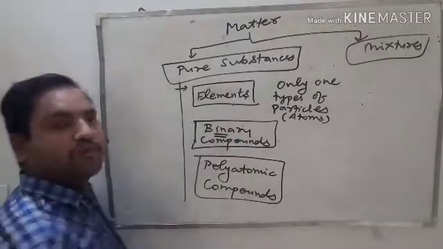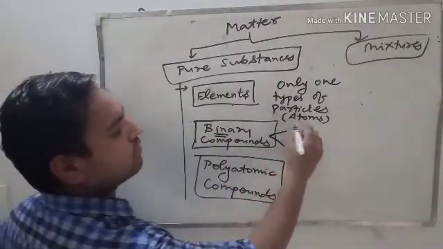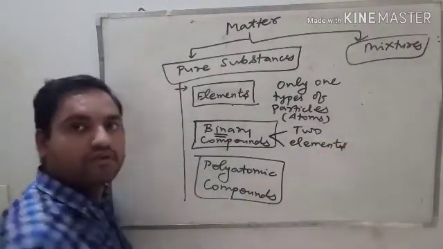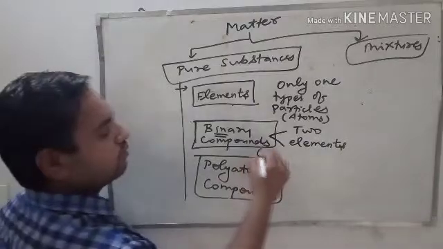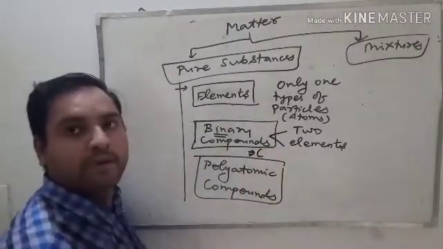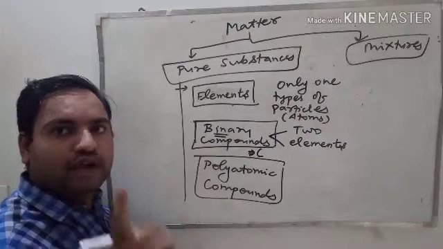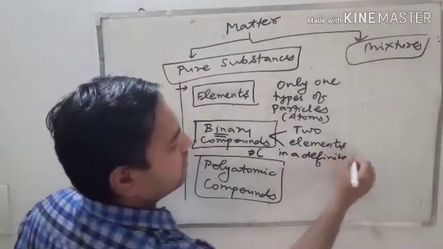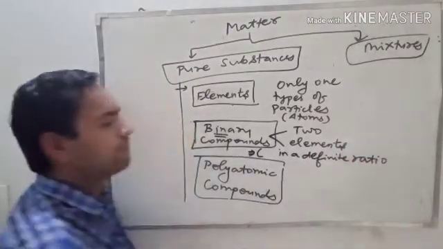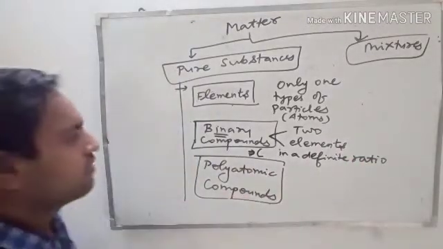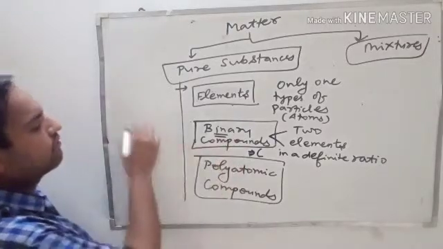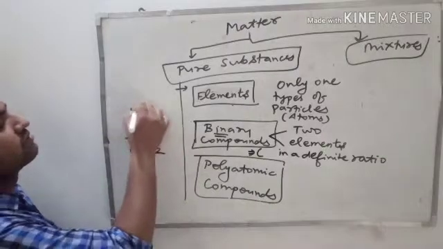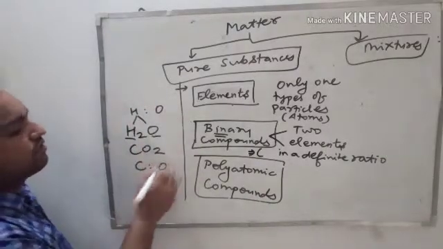Like this, what are binary compounds? They are made up of two different elements. They also have the same type of particles, but the particles have been formed by the combination of two elements in a definite ratio. For example, carbon dioxide, water, hydrogen and oxygen, carbon and oxygen are there.